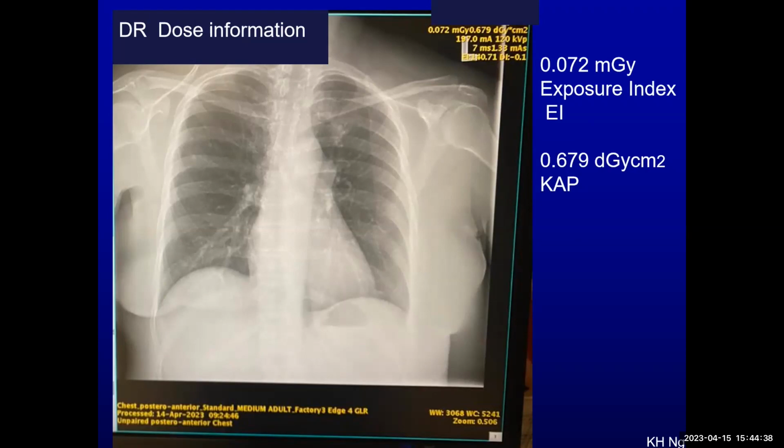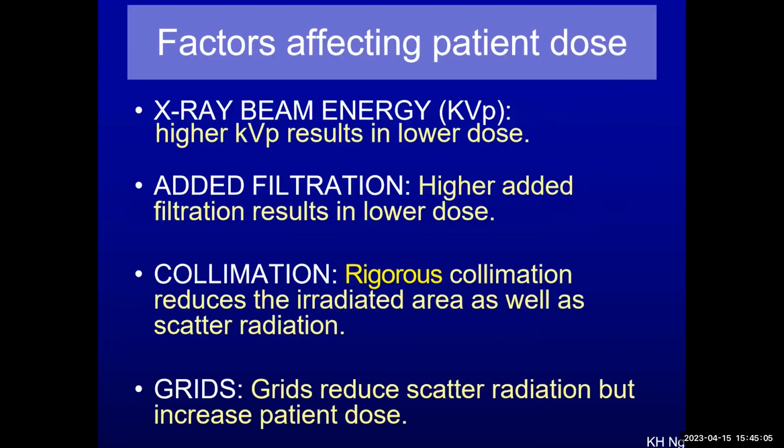Take note, it is decigray per cm squared. Okay, it is quite messy. Different manufacturers, some use centigray, like in this case decigray. This X-ray machine is equipped with the CAP meter, so that is also a very good index. Right? So there is lots of information you can get from the DICOM header as well.